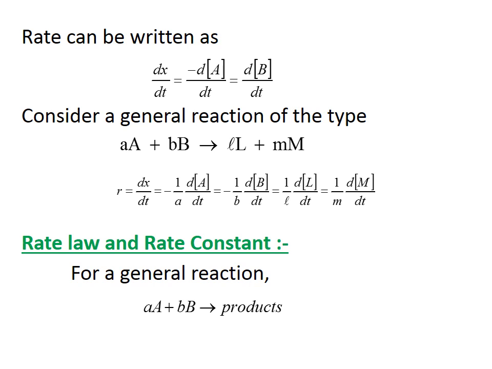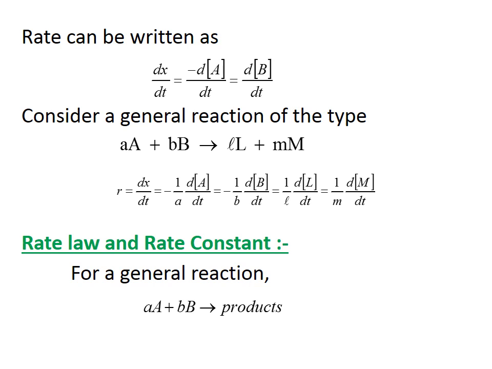The concentration of A decreases, so we put minus dA by dt, and the concentration of the product increases, so we put dB by dt. The rate can be expressed in three ways: dx by dt, or minus dA by dt, or dB by dt, all are equal.